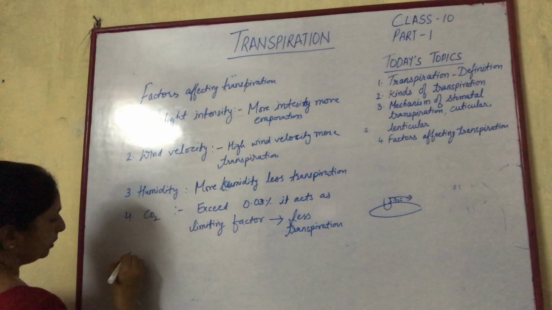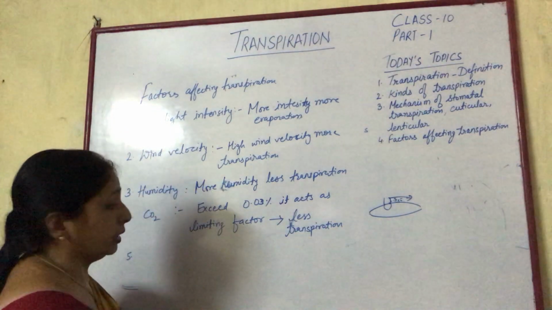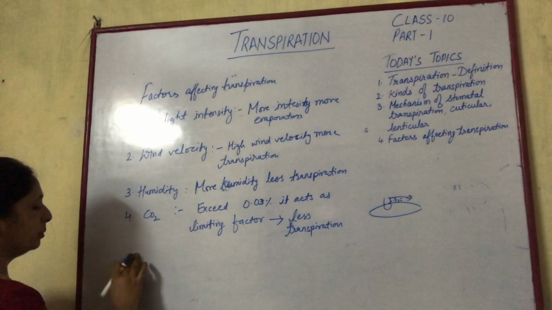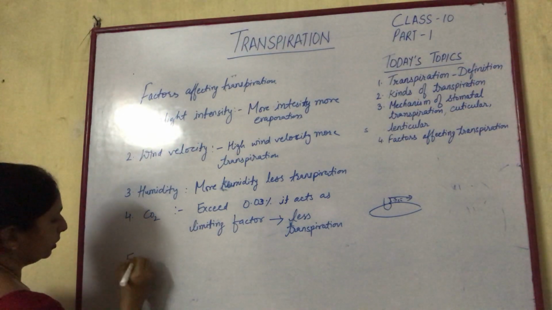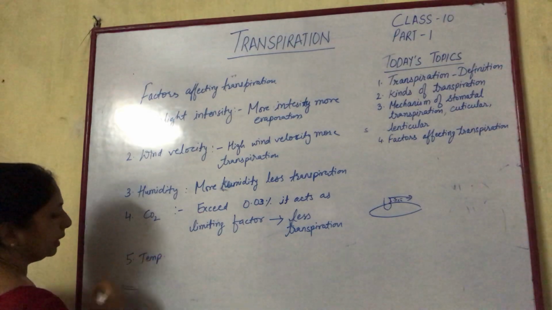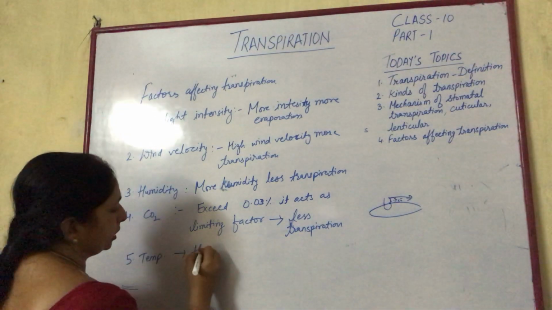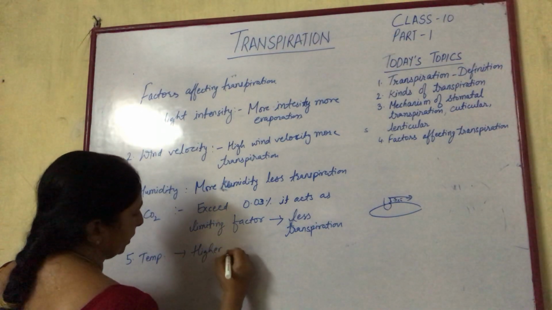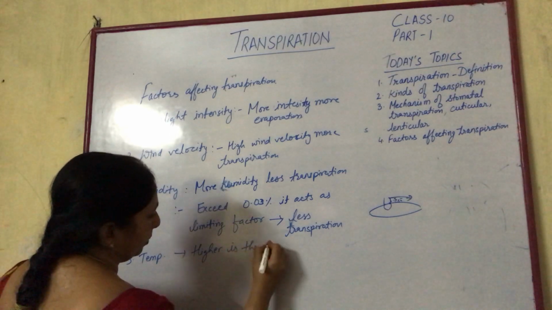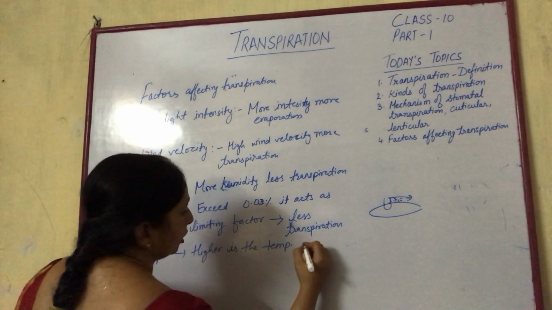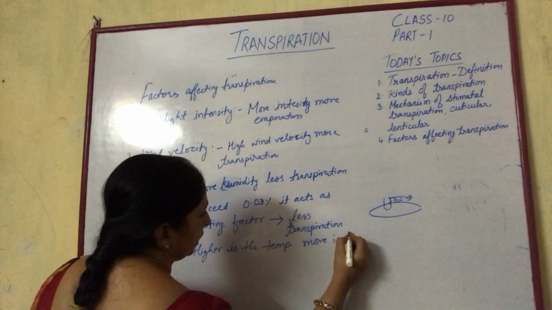Then number 5 is number of stomata. One more thing, temperature. Higher the temperature, more the transpiration.